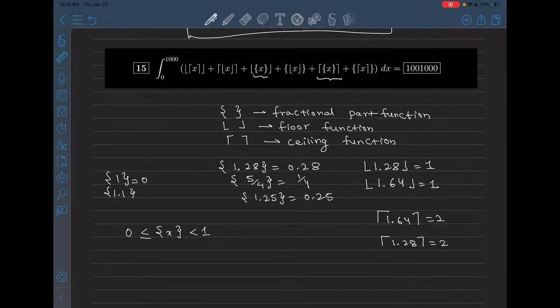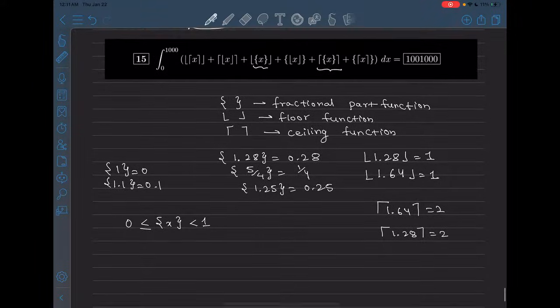If you have 1.1, it's just 0.1. So because it's a fractional part, it's always less than 1, right? So that means because it's always between 0 and less than 1, if you take its floor function, that should always be 0, right? Because it's always less than 1. So if you just take the floor, that should be 0.